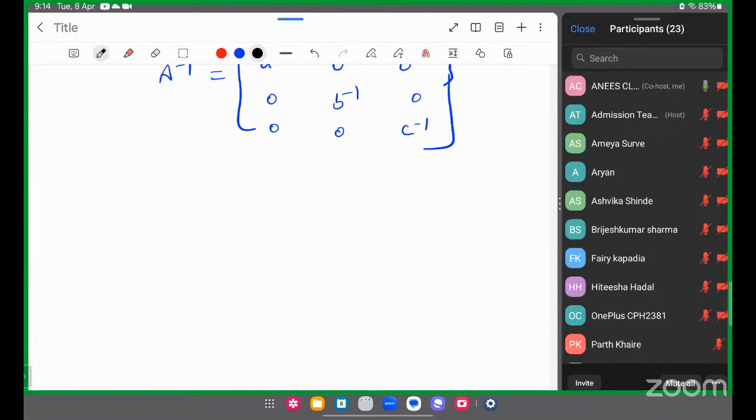Let's do some questions related to determinant. First question is very easy.